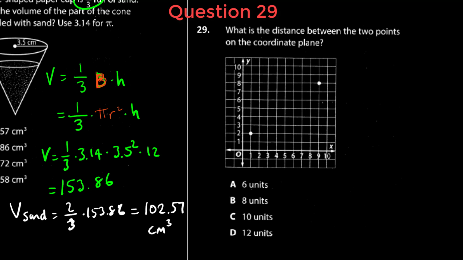Question number 29. What is the distance between the 2 points on the coordinate plane? Well, the distance between these 2 points is a straight line between these 2 points. To find the length on this grid, I'm going to draw a right triangle, and I'm going to count the number of units here for these legs.